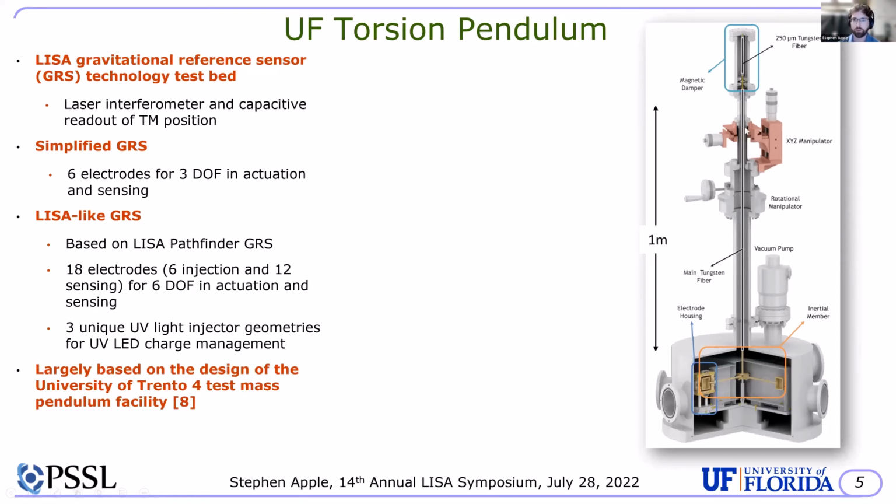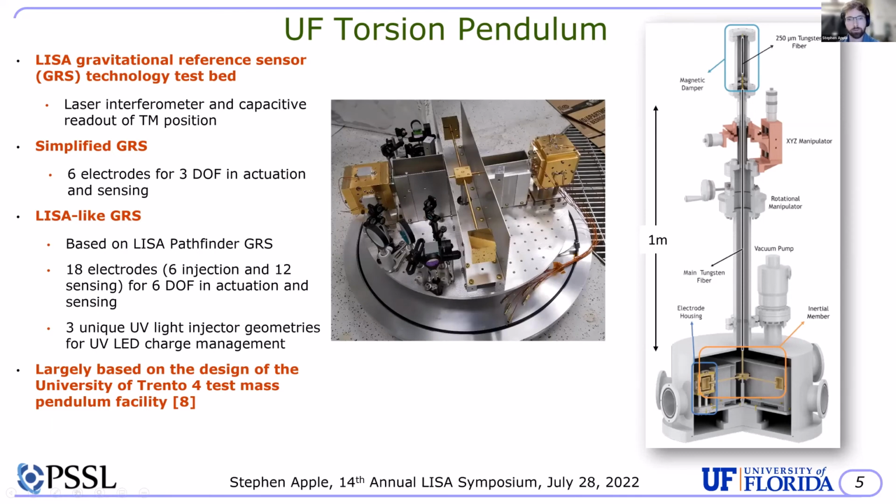The pendulum consists of this crossbar assembly suspended by this 1 meter long, 50 micrometer diameter tungsten fiber. In this picture, you can see our unsuspended crossbar a little better. The crossbar includes 4 hollow LISA test mass mockups, 2 at each of its ends.